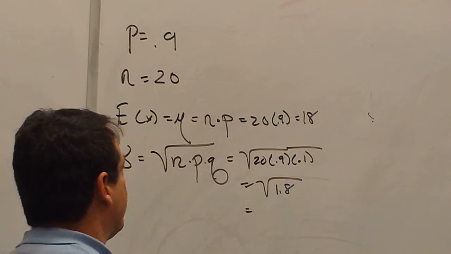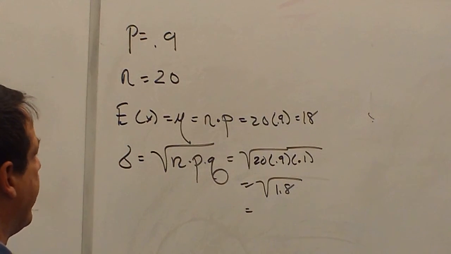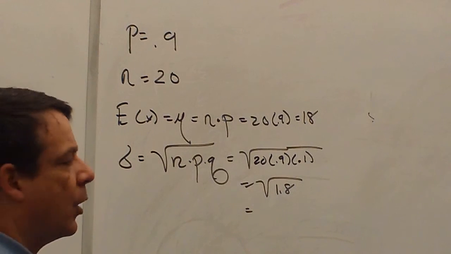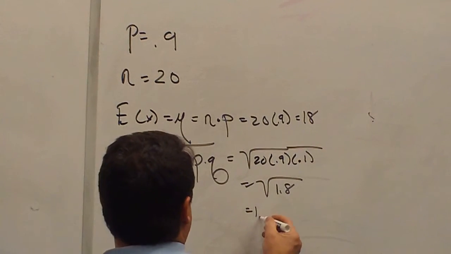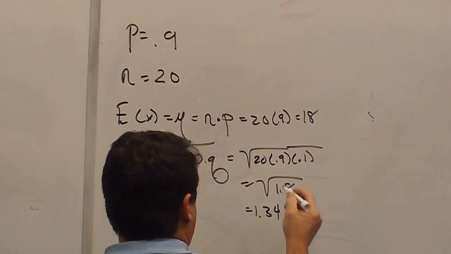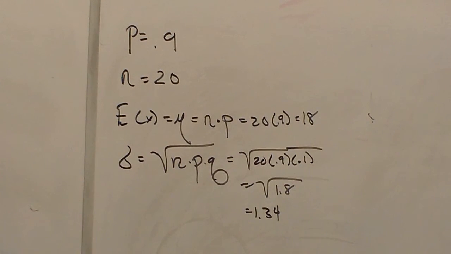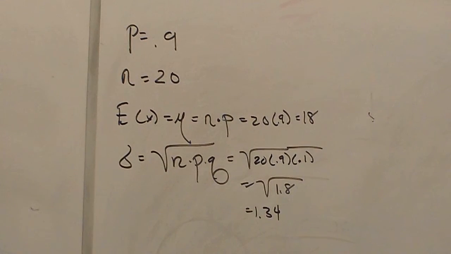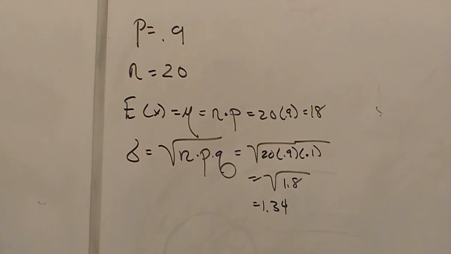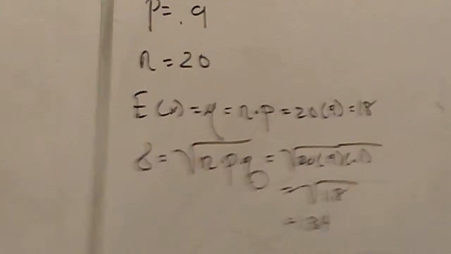What's the square root of 1.8? 1.34. So 1.34 would be the standard deviation. Okay on A and B.